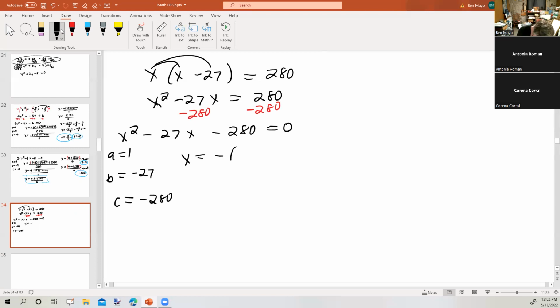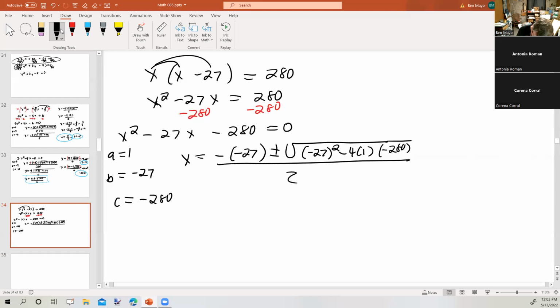X equals negative B plus or minus the square root of B squared minus 4AC all over 2A. Most of the mistakes are made right here. People miss a sign and they have a plus instead of a minus or a minus instead of a plus. So really be careful with your arithmetic there.